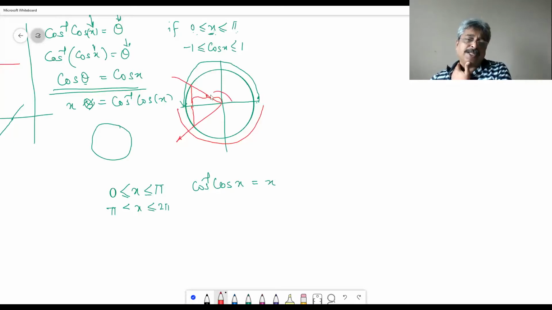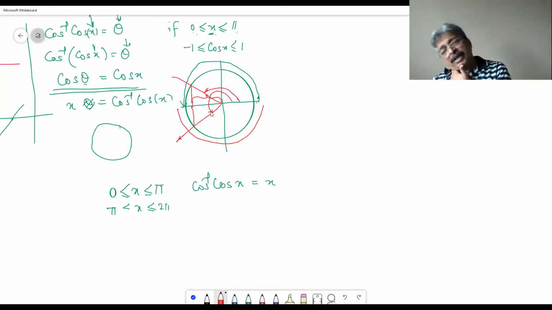So you wanted this angle and you got this angle, right? The angle x is actually between pi to 2 pi, but what will be the angle which will be reported? You got this and you wanted this.